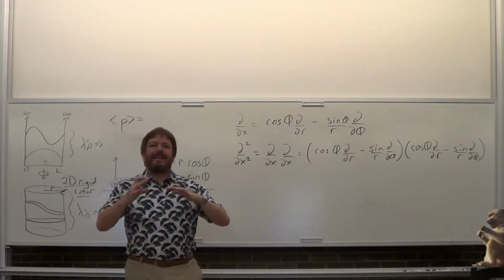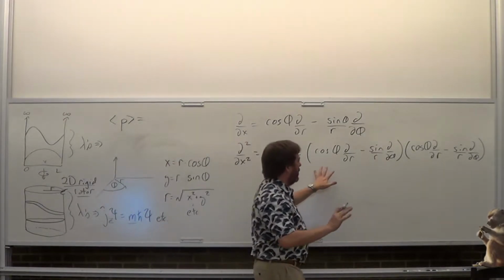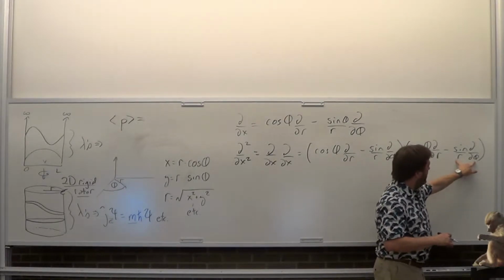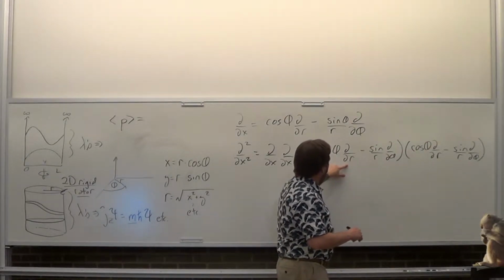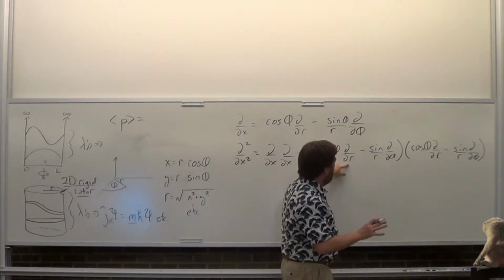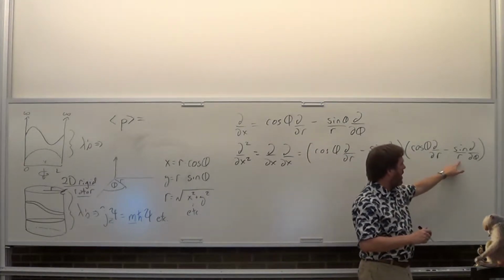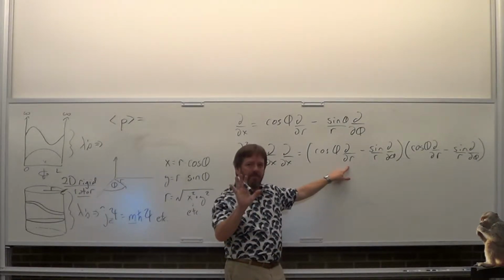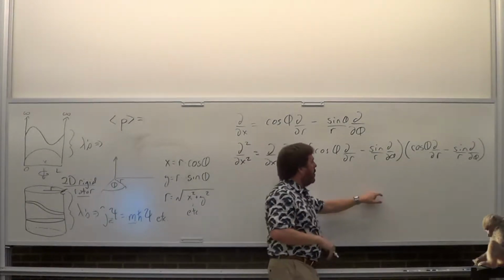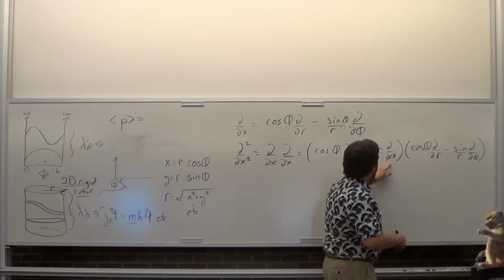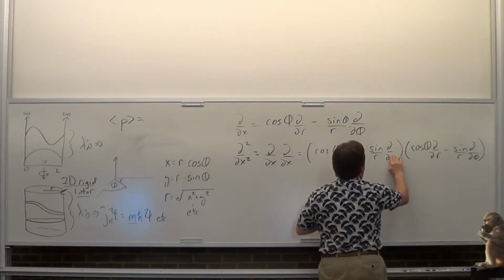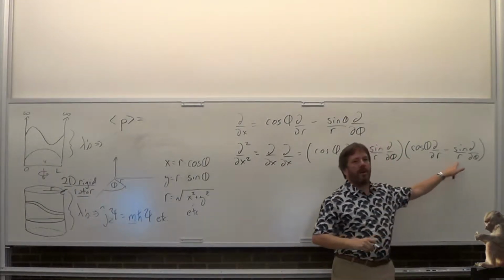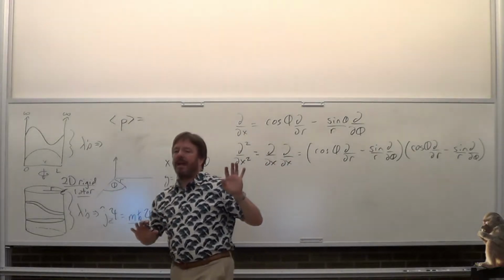You've got to be careful about how you do this because, like this one, if this one's in front of this one, I can see that I have some problems. I'm going to simplify it because I've got an r there. I have an r in front of a derivative with respect to r. I have to be careful about how that works. When this one is in front of this one, I don't have that, right? I've got an r in front of a phi derivative, but the r can pass through it. So you see why this can get a little complicated.